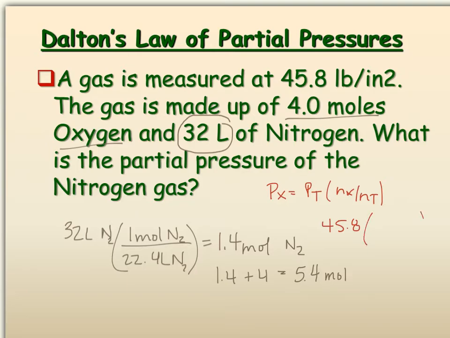I'm going to multiply that by 1.4 moles over 5.4 moles, which is like 45.8 times almost 26%. That gets me a number like 11.9, but ultimately my 32 liters with 2 sig figs controlled everything, so I have to round that to 12 pounds per inch squared.